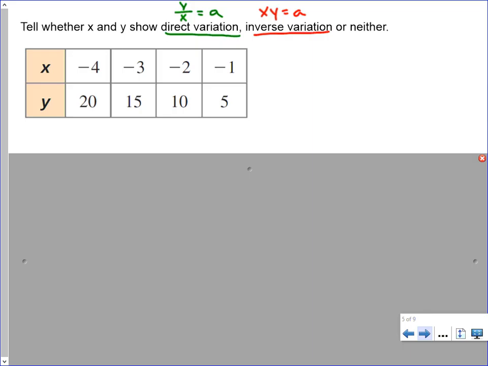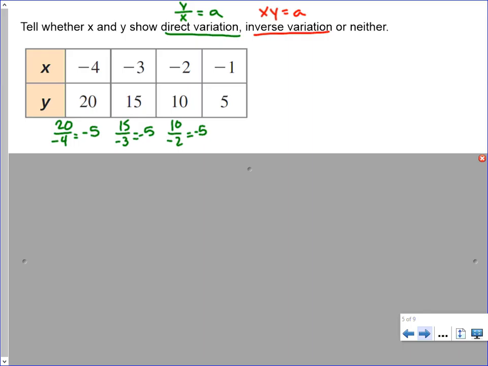So what I would do presented with this table is I would start with one of these and check. Like I might start with direct variation. I'm going to check my y's divided by x's. 20 divided by -4 is -5. 15 divided by -3 is -5. 10 divided by -2 is -5.